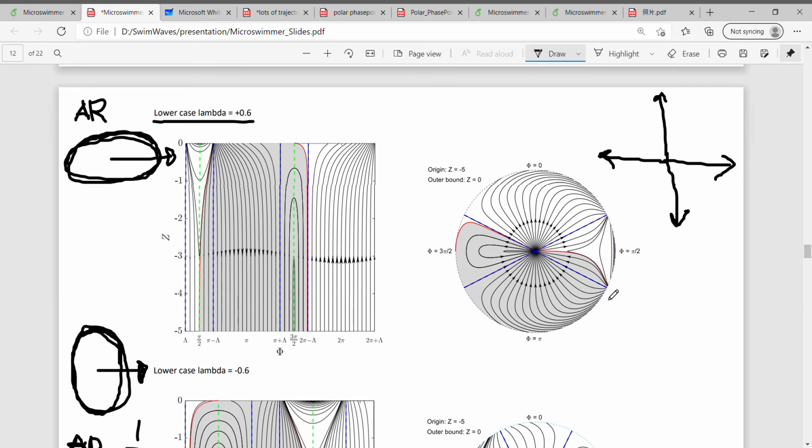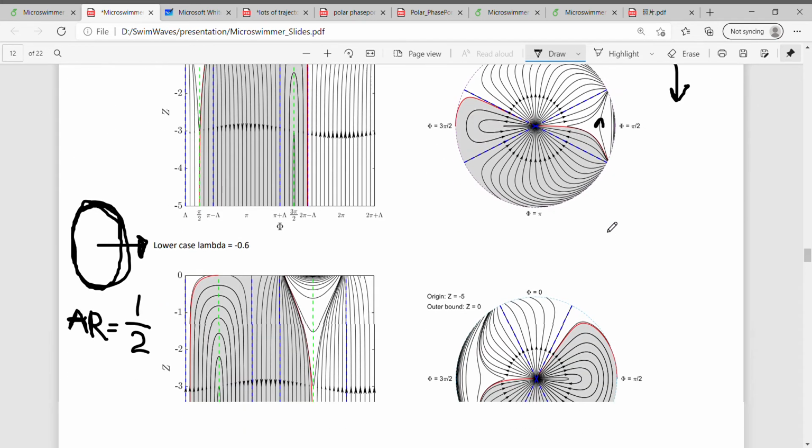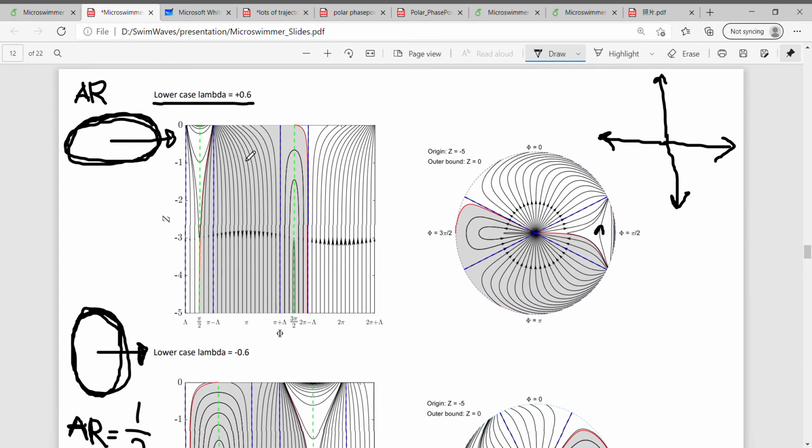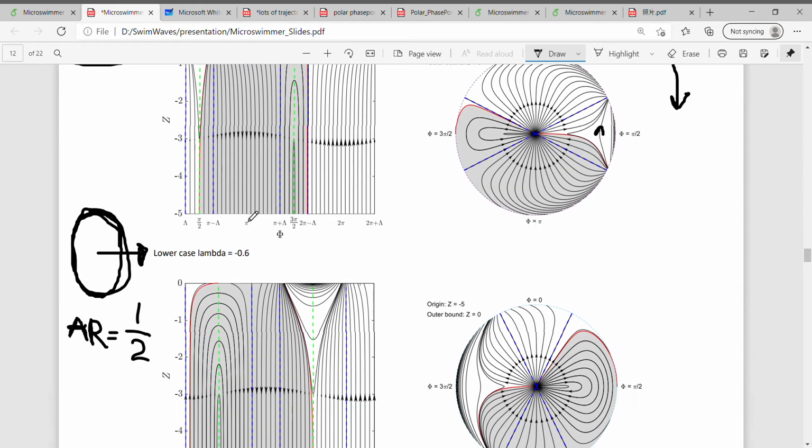So if a swimmer starts at this, it will swim all the way down to the bottom of the water, okay? And if the swimmer starts here, it will swim down a little bit, and then swim back to the surface. Okay? And the shaded gray area here means that all the swimmers in the middle will end up at the bottom. Okay?